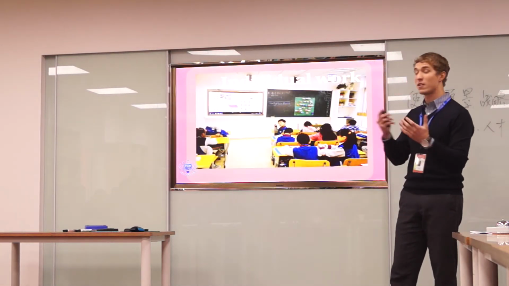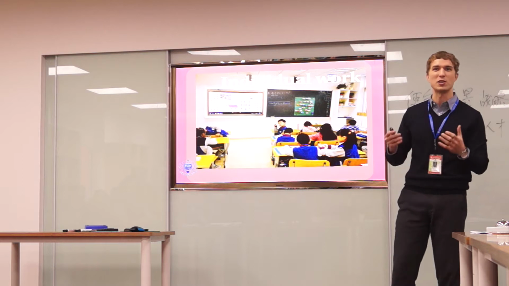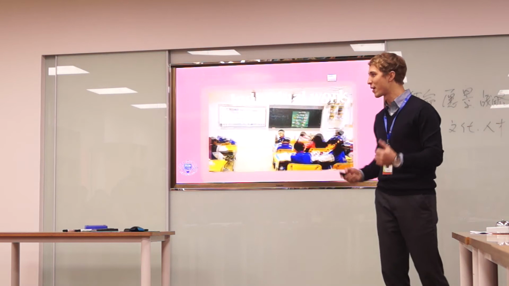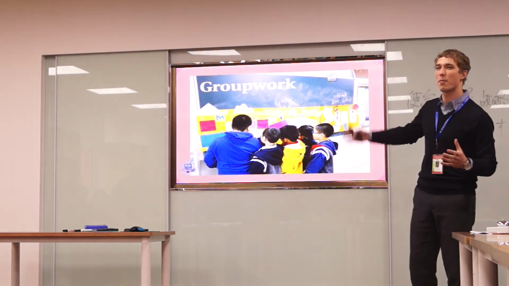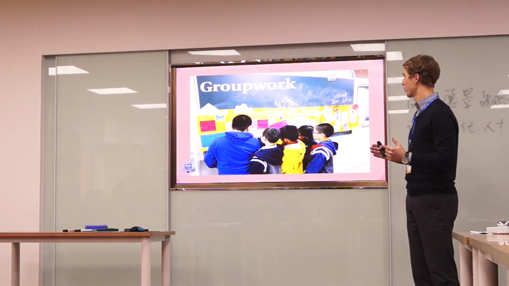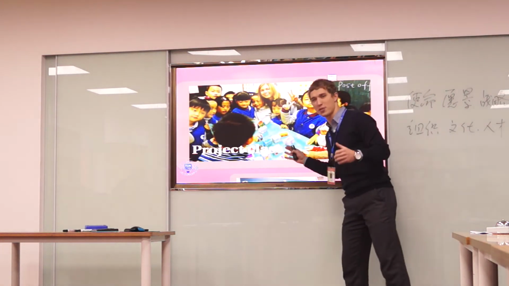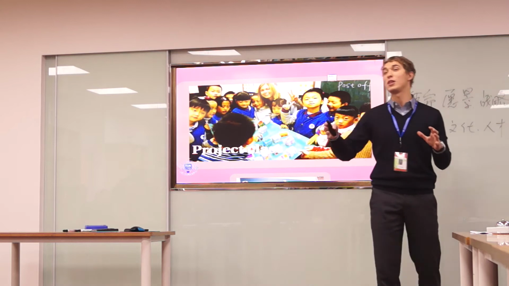We also do individual work. We don't forget about students' autonomy, about their ability to work on their own. And finally, we wrap up our classes with group work, or sometimes project work, where we actually do something related to the subject.